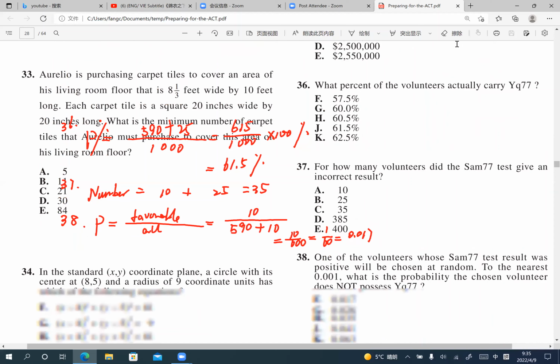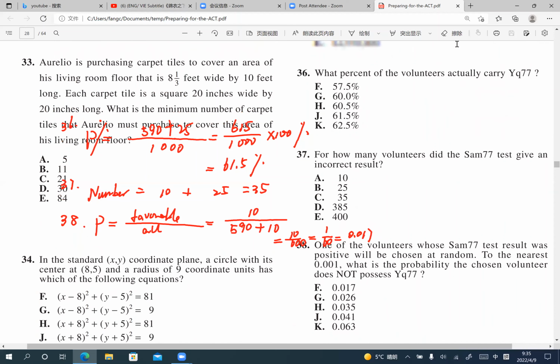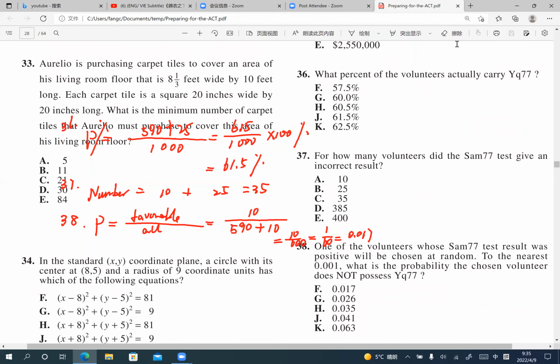Let's go back to the question. And the number of favorable outcomes is, we see the question, to the nearest 0.001, what is the probability the chosen volunteer does not possess YQ 77?